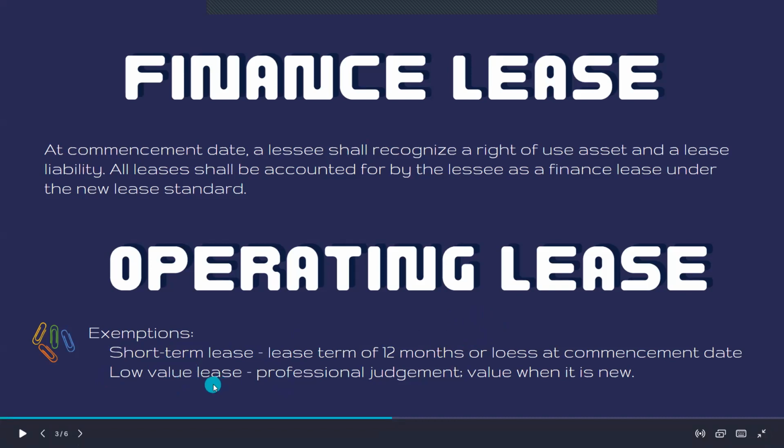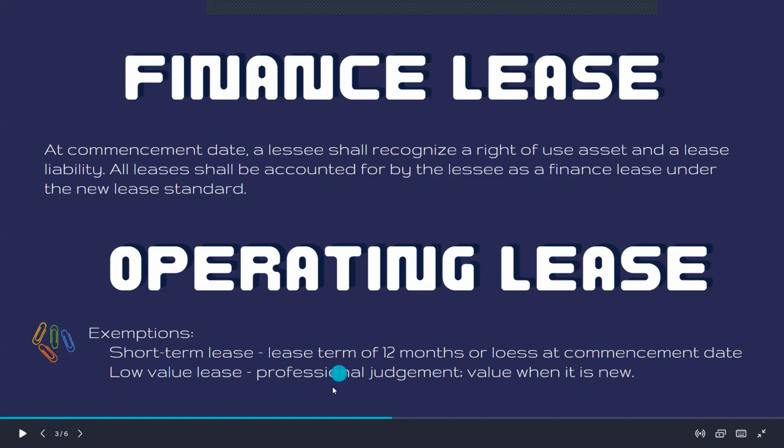Kung low value. So, paano naman natin malalaman kung low value ang isang lease? So, dapat titignan mo yung value niya nung bago siya. For example, ang ninilease mo is computer. Nag-lease ka ng computer. So, titignan mo magkano ba siya nung bago siya. Pwede ba siya mag-fall as low value?